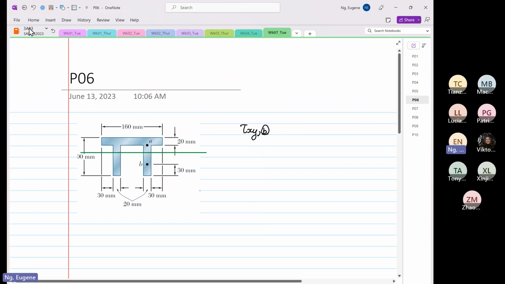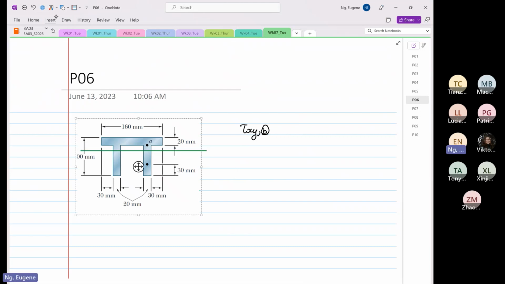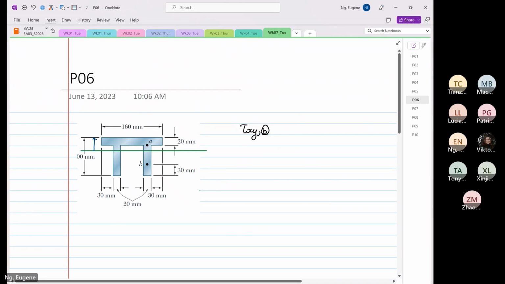And we know that the distance from here to here is 35 millimeters.